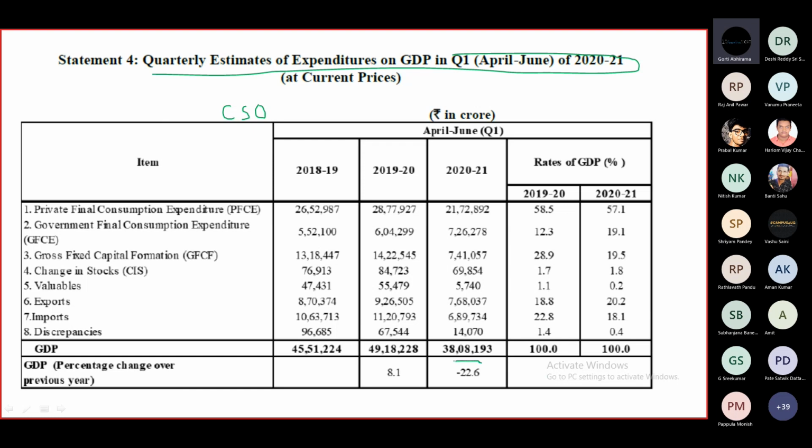And here we see CSO is reporting 22.6% contraction in India's GDP. However, the news agencies have reported 23.9% decline in our GDP.